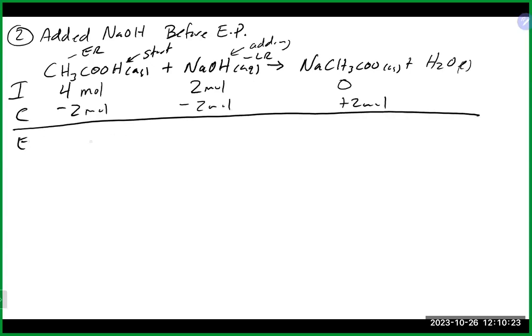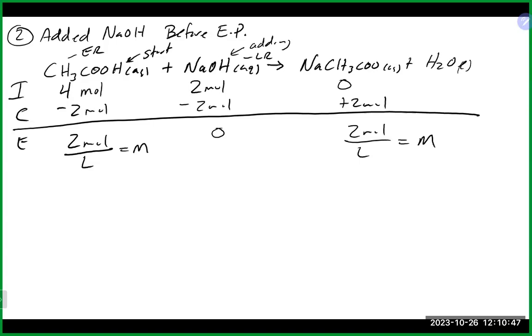That means when we are done, we will have 2 moles of this, nothing of that, and a couple moles of this. We can then convert this into molarity by using our total volume, obviously what we added in terms of sodium hydroxide and how much of the acetic acid we are left with. Any questions on that ice table?